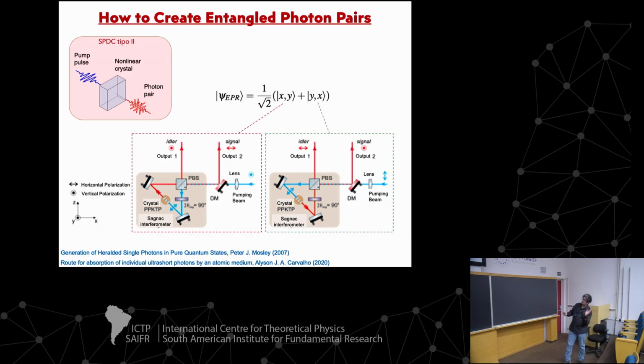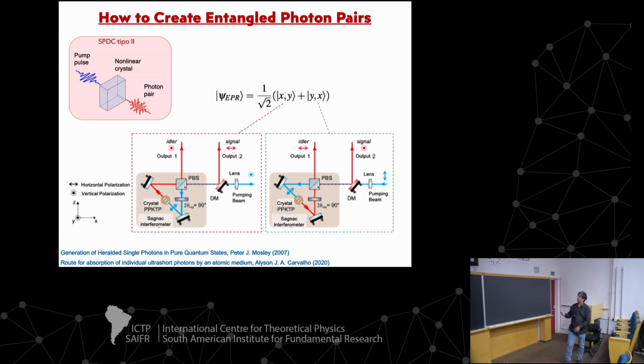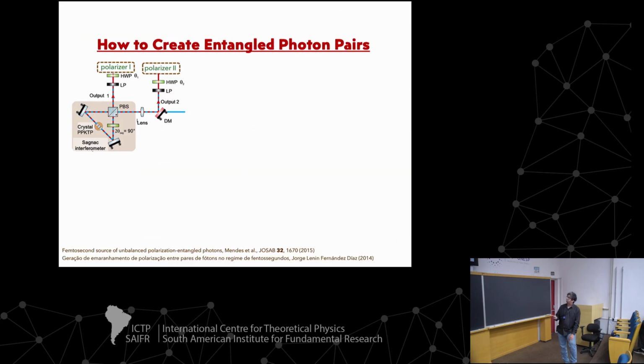And then if you excite the Sagnac with a 45-degree polarization in the pump, you have the two situations simultaneously, and then you end up effectively with this kind of state. And so that's what you get after you do that kind of excitation with your pumping beam at 45 degrees. Okay, you have here the two situations, circulating in one direction or the other.